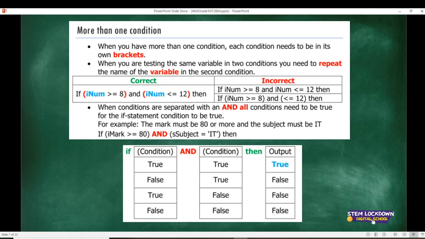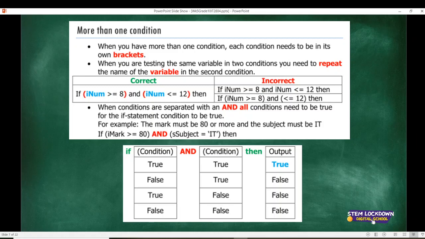So even though you're still talking about I num over here, you have to repeat it again and say if I num is greater than or equal to 8 and I num is less than or equal to 12. You have to be specific. I've said this in previous lessons: computers are dumb. You have got to tell them exactly what it is that you require from them.